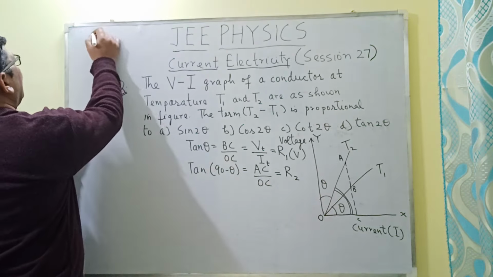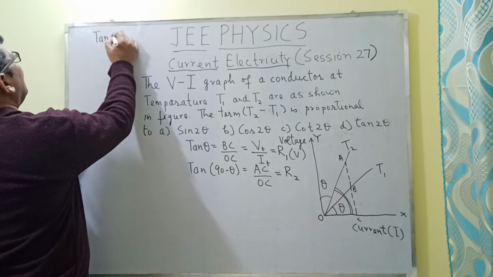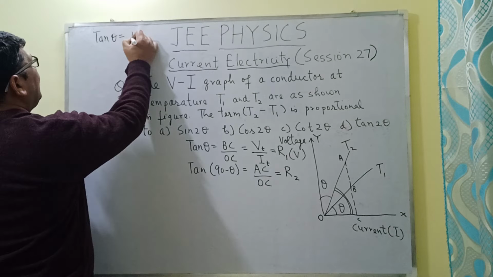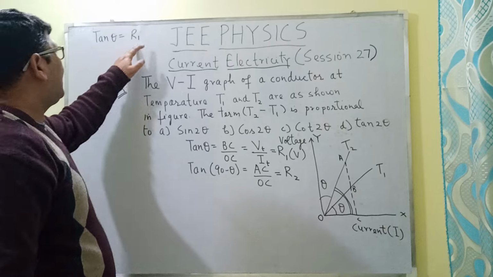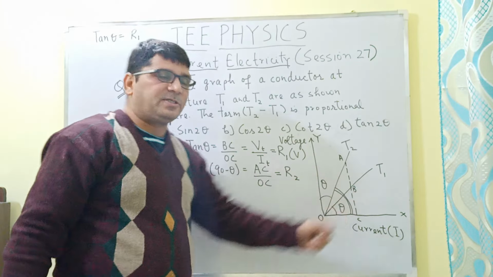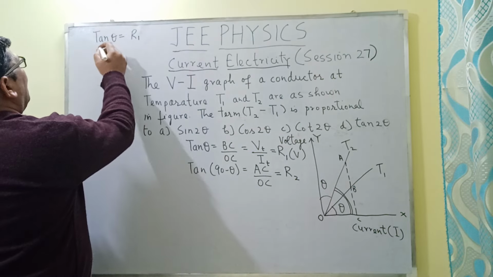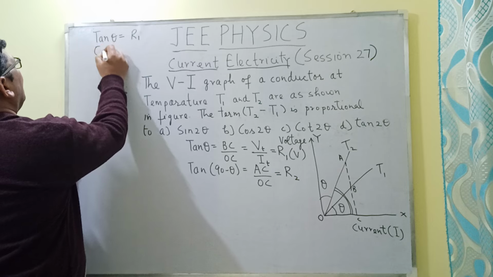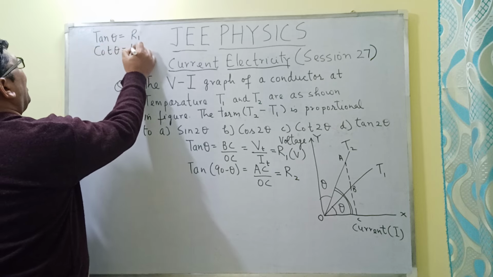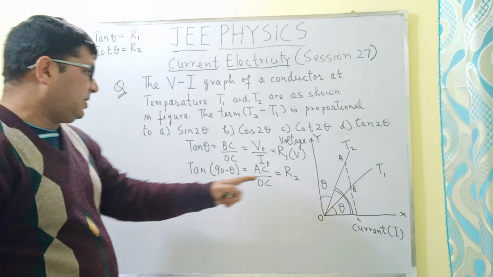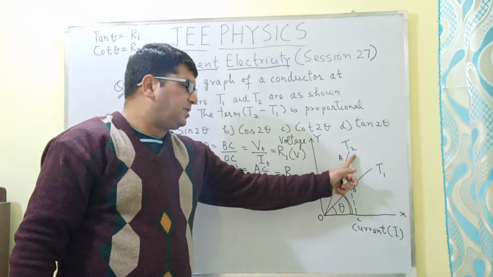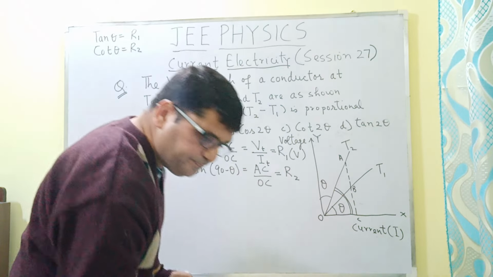So tan theta is equal to R1, the resistance of the conductor at temperature T1, and cot theta is equal to R2, the resistance of this conductor at temperature T2.